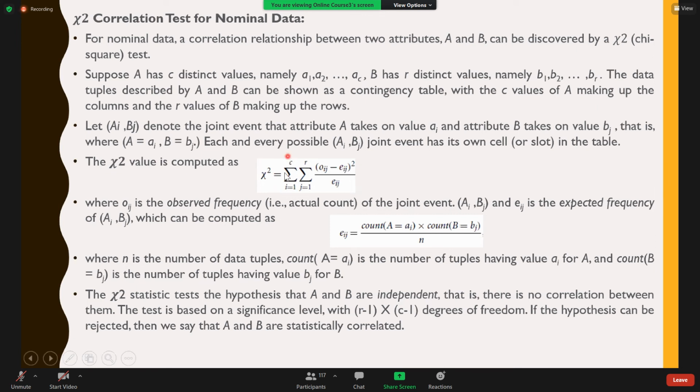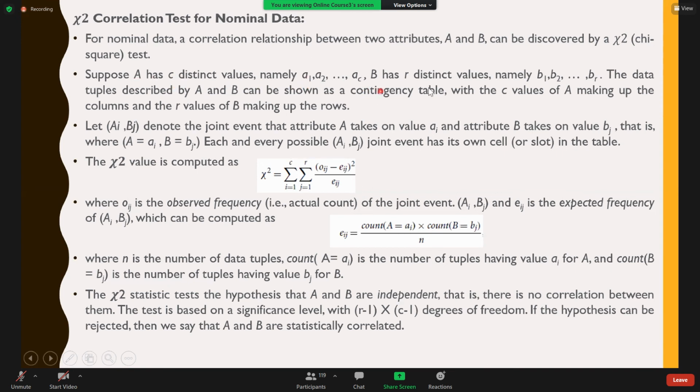Here C refers to the number of values of one attribute, and R refers to the number of values in another attribute. You can see the explanation given here. A1 to AC are the possible values of attribute A, C distinct values.